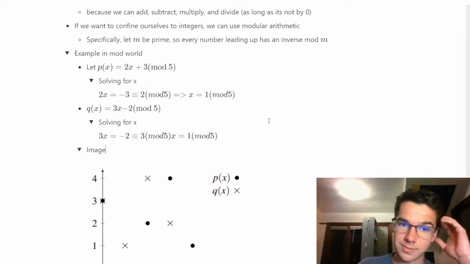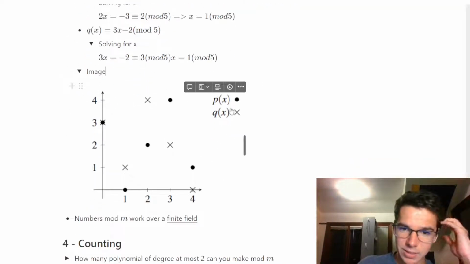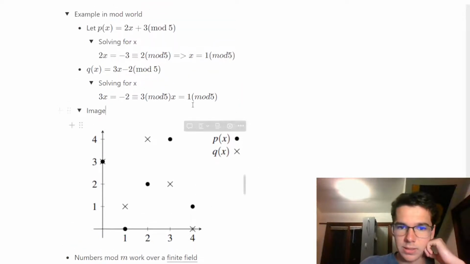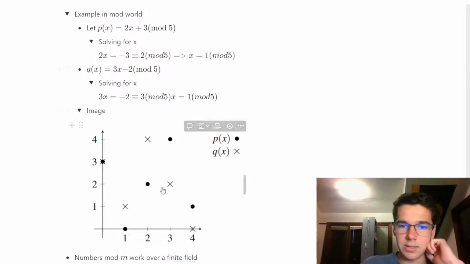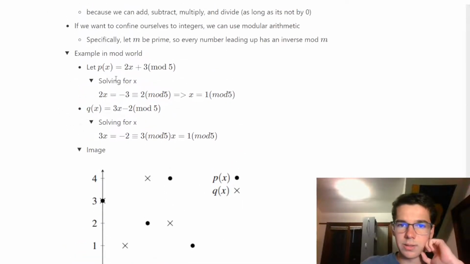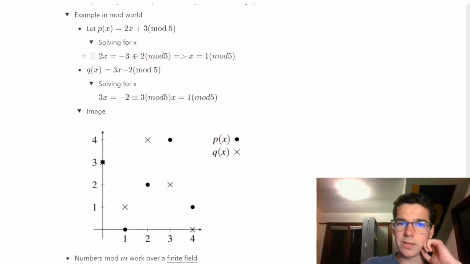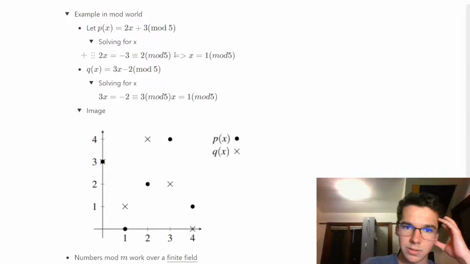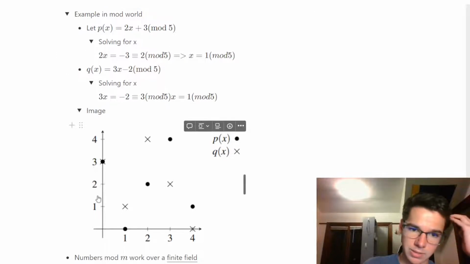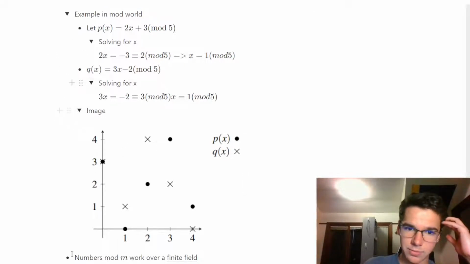And it is. So as you can see, mod 5, the only values that we have are 0, 1, 2, 3, and 4. We can evaluate p of x at each of these values, but the typical values that would be found in the regular Cartesian plane are not there, because we can only go up to 4, so then we have to wrap around.